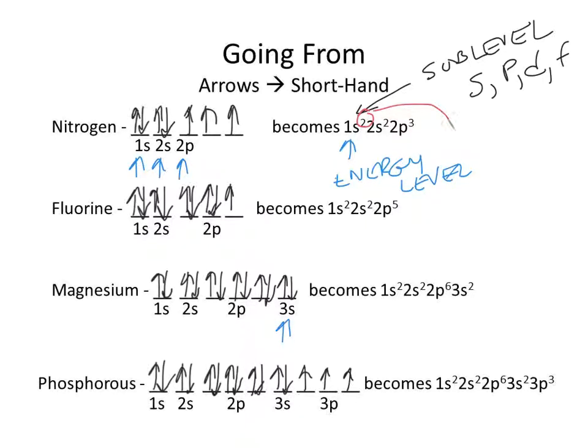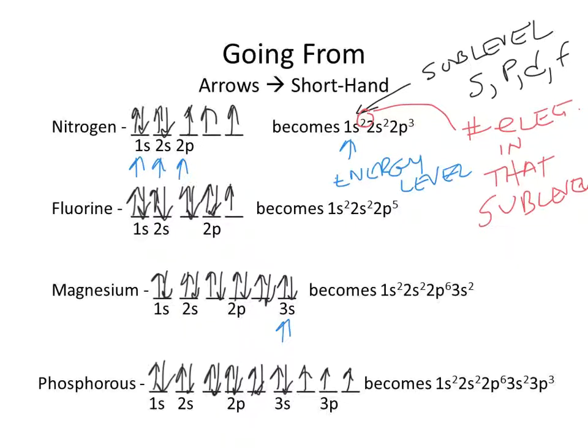This number represents the number of electrons in that sublevel. That's all we care about: how many electrons, what energy level are we in, what sublevel are we in, and how many electrons we have in that sublevel.